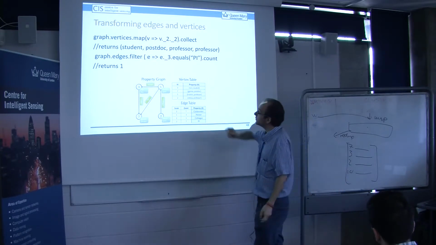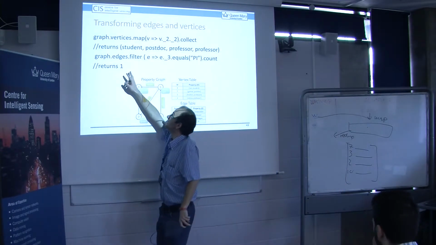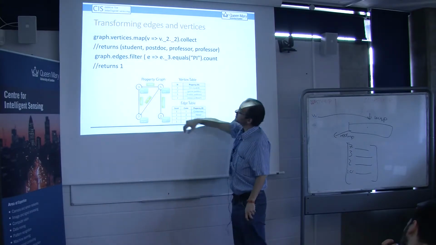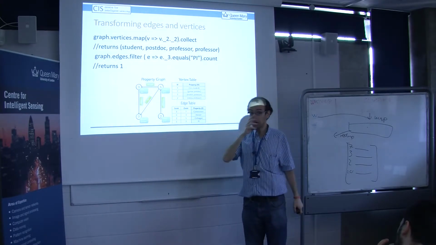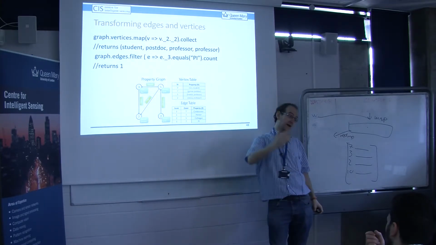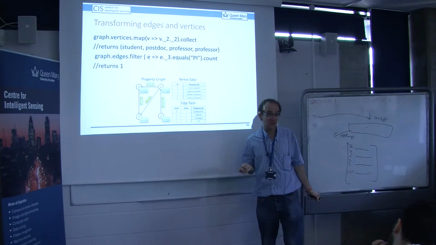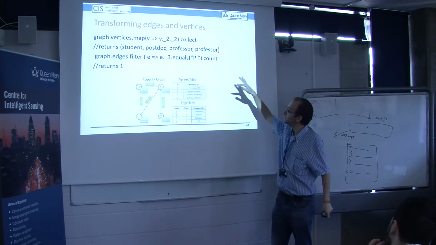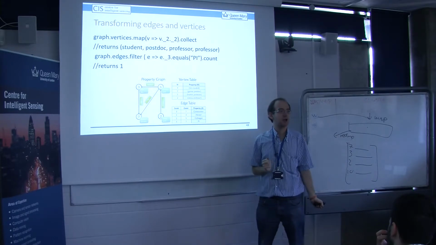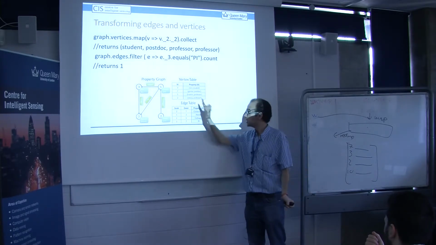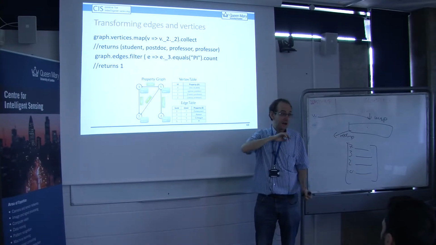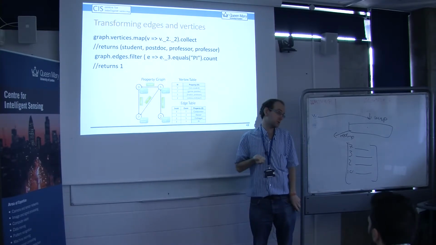But of course, if you want to obtain either the vertices object or the edges object, you can use all the standard Spark transformations and actions that we have seen yesterday, and by doing that, manipulate it and query some aspects of the graph, looking for some specific property, looking for some specific edge, counting how many elements match some property.